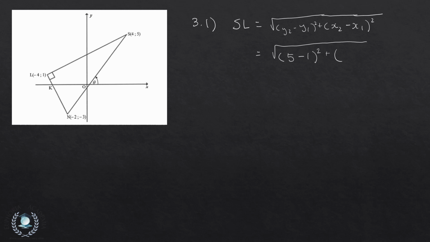I'm just substituting into the formula, and we have 4 minus 4, and the whole bracket is squared. Now, when you enter that into your calculator, you will find that the answer is 4 times the square root of 5, which is actually equal to 8.94.